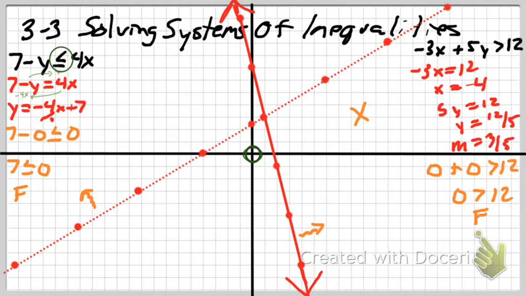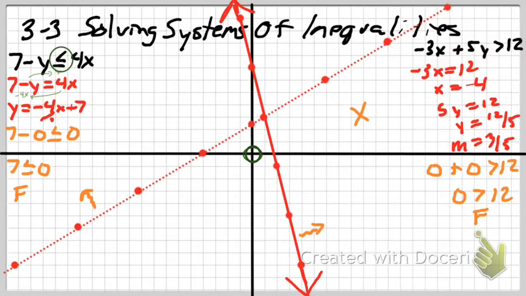Now we're ready to shade. Our final shade is going to be to the right of the solid line and above the dotted line. But it has to be both. To the right of the solid line and above the dotted line.